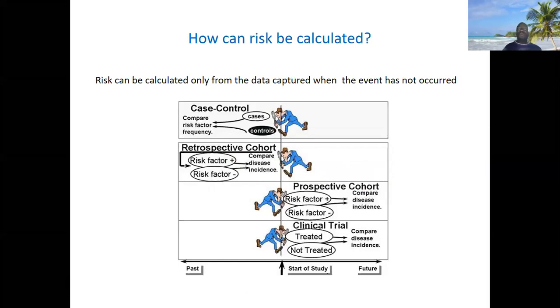This is more possible in occupational health, where in the industry, there's a record of people that work there, people that were exposed, particularly people that work in dusty areas.